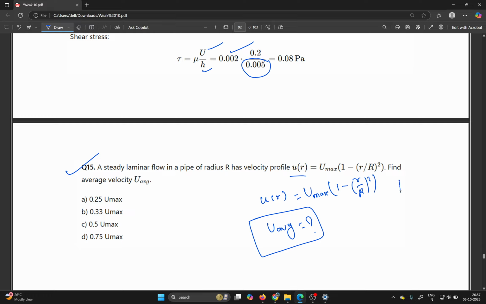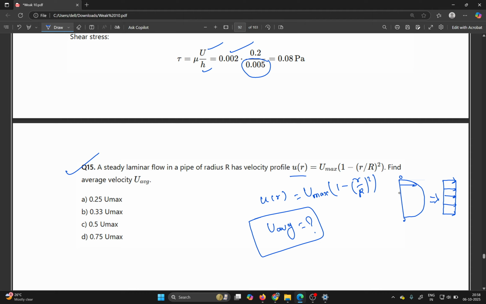Because your velocity profile is parabolic, when you average this parabola, this graph will convert like that. How will you average? Averaging means everywhere the magnitude will be the same. Here the magnitude is less, 0, but here you have some magnitude.